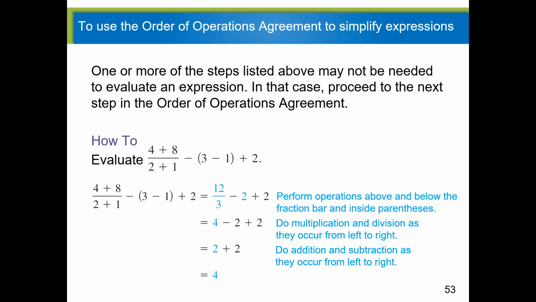Other important point about PEMDAS is some parentheses are inferred rather than written. Namely, when you have division shown in, I want blue. When you have division shown in this manner, there are inferred parentheses on the top and the bottom of everything.